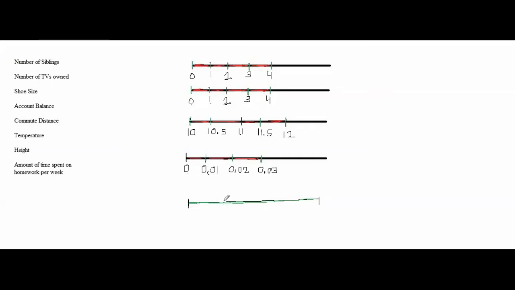So this is what the number line looks like for each of these four continuous variables, because a person's value can be anywhere between the lowest possible value and the highest possible value.